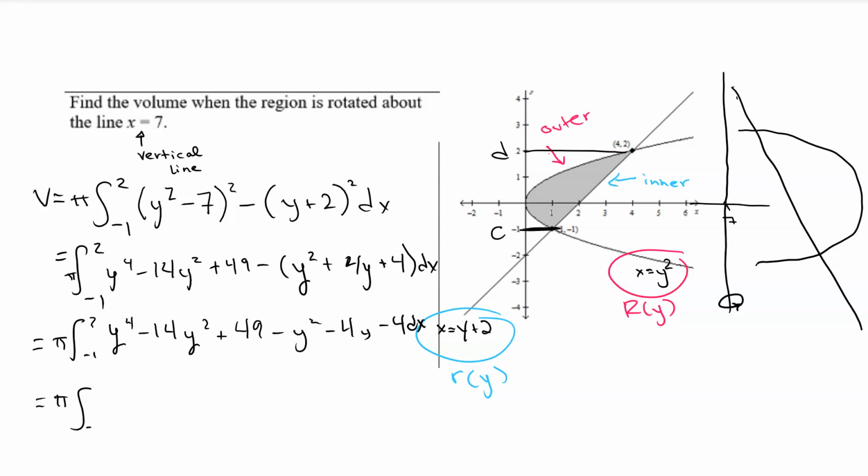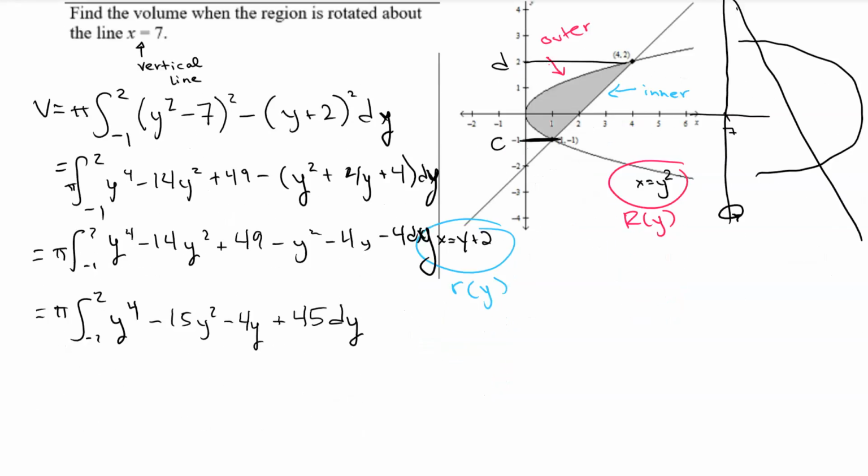Combine your like terms. Got y to the 4th. -14y squared minus y squared is -15y squared. Then we've got just -4y all by its lonesome. And then we've got 49 and negative 4, which is going to be positive 45. And I did make a minor mistake. These should all be dy's because we're doing with respect to y. Sorry about that.